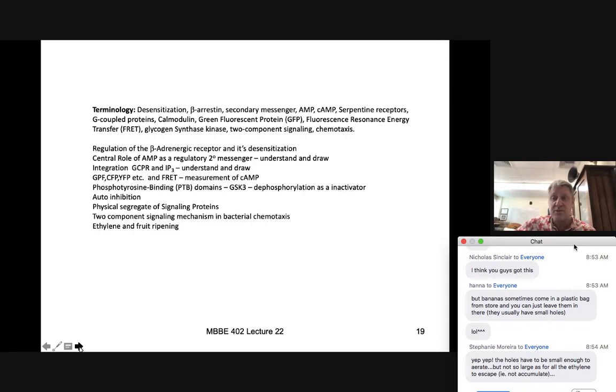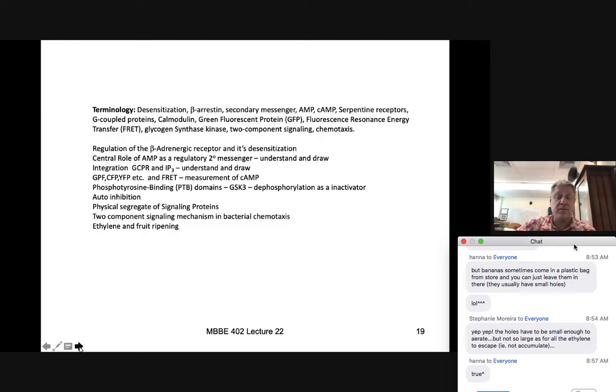Okay, so I'm putting some specifics down here. You need to be able to understand the integration of the GPCR system as well as the IP3 system, particularly with hormones, peptide hormones or peptide transmitting substances that have the capacity to interface with protein kinase C by the stimulation of IP3 with the phospholipase C system that is embedded in the lipid membrane.